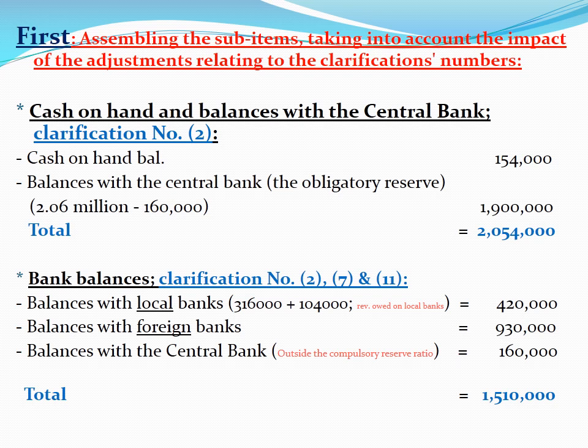I will read the adjustments with you. Then I will begin assembling the sub-items, taking into account the impact of the adjustments relating to the clarification number. The clarification numbers are the numbers appearing in a certain column through the statements, to tell you what adjustments affected these items or accounts.